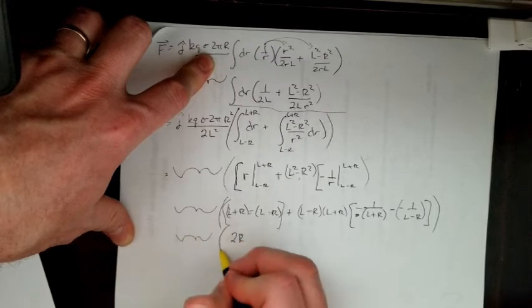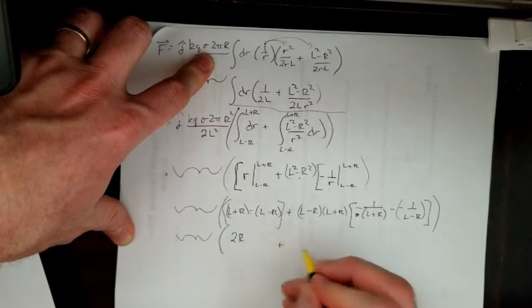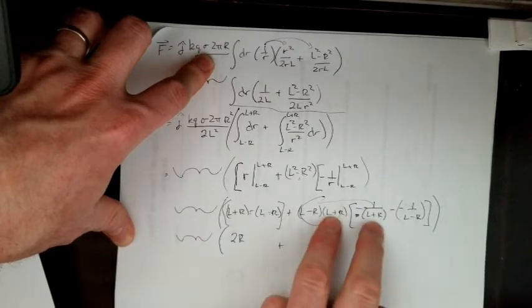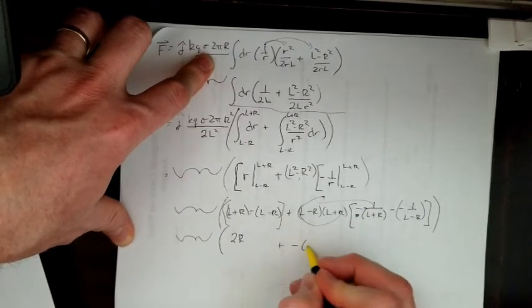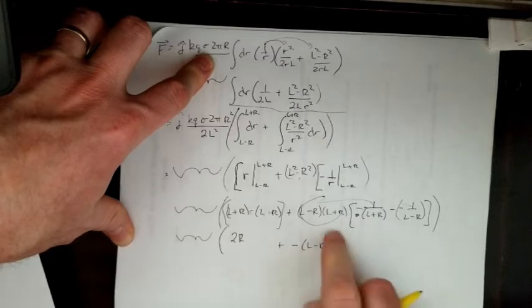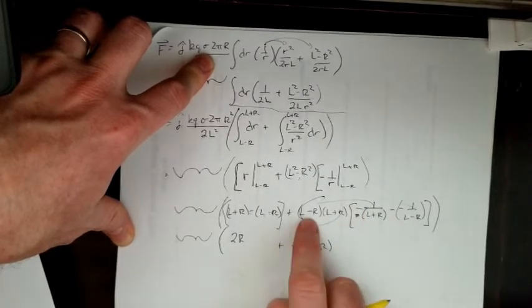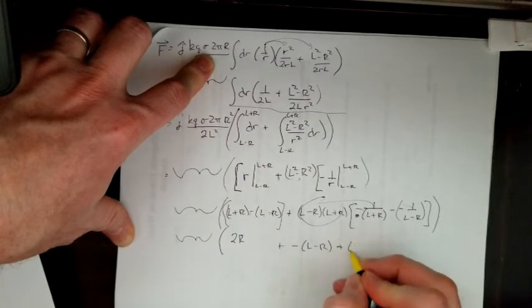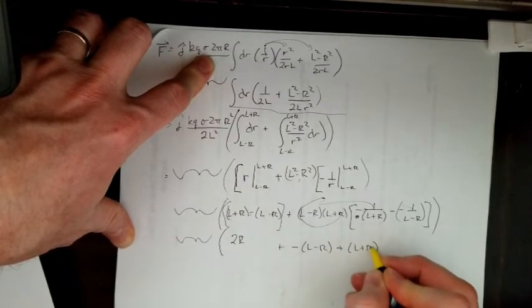Got the coefficient up front. Plus, and now when I distribute, this is why I did it, the L plus r's will cancel out, and so I'm left with a negative L minus r. And then distribute over here, the L minus r's cancel out, the two minus signs cancel out, and so what I'm left with is plus L plus r.